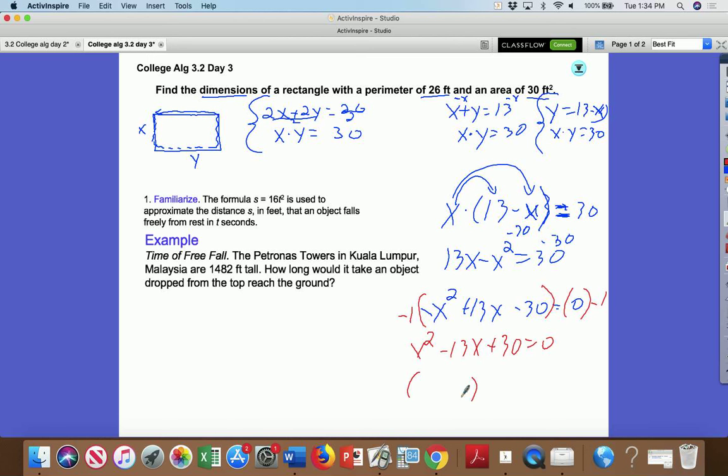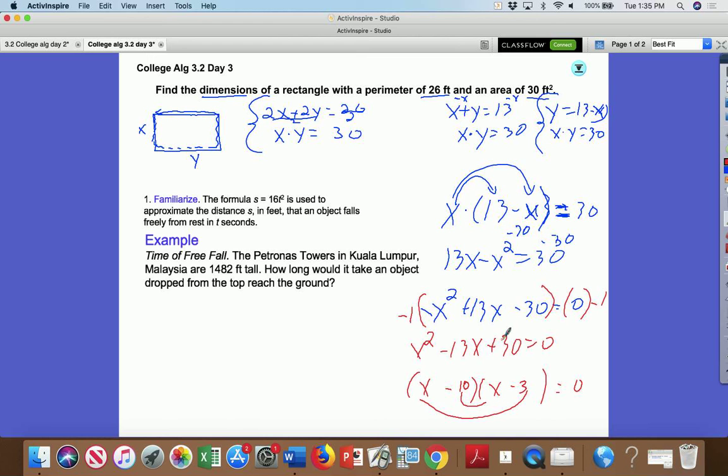So x factors of 30 that give me the inside plus the outside equal to 13x. Right. So again, a lot of these factorings, you're not going to have to do the AC method. You should be able to just look at the factors and find out the insides plus the outsides equal to the middle.